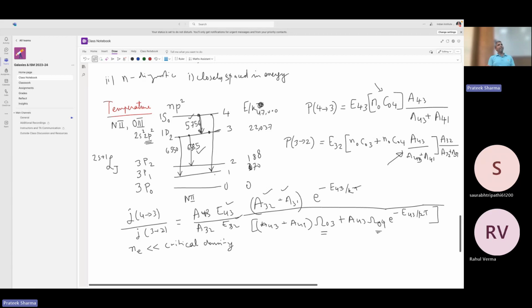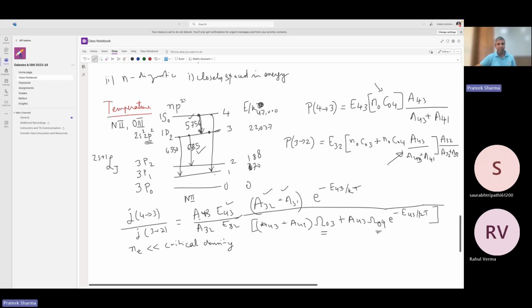Here we are assuming that all the de-excitations are radiative; we have not included collisional de-excitations.